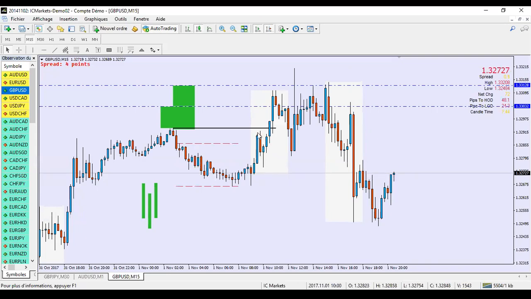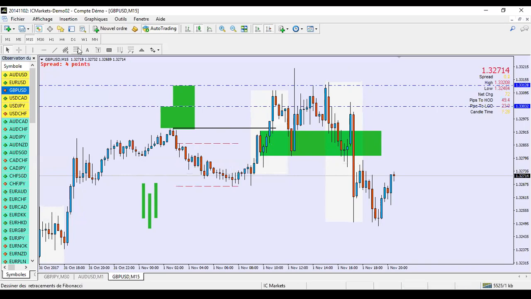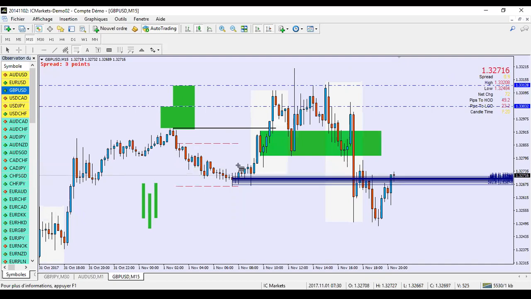So what I'm looking for is the bearish candle before the bullish move, and I place a zone exactly at that, and that's where I'm going to hunt a trade. When I trade, I like to use the term hunt because it's a hunt. You search for a specific price and you shoot there.